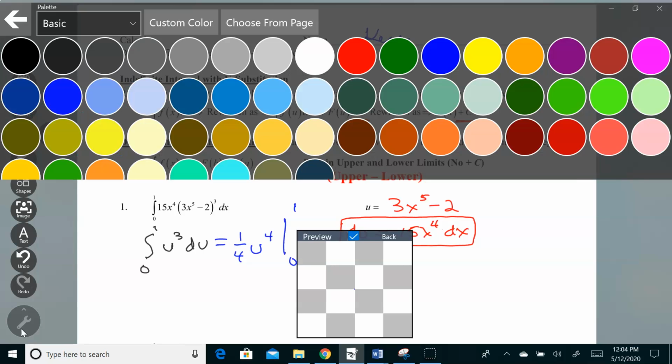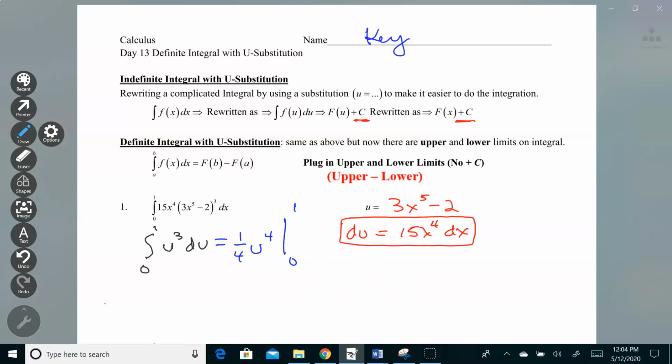So now I have to rewrite it as equals 1/4 (3x to the fifth minus 2) to the fourth, evaluated from 0 to 1.